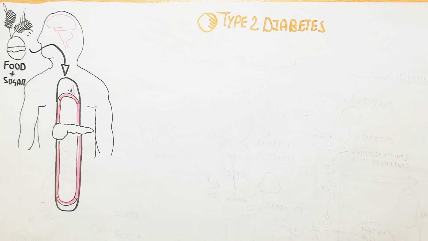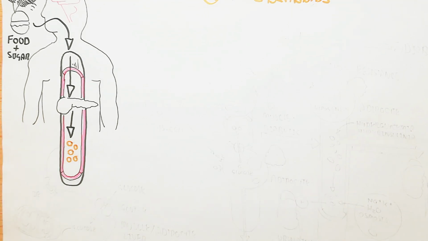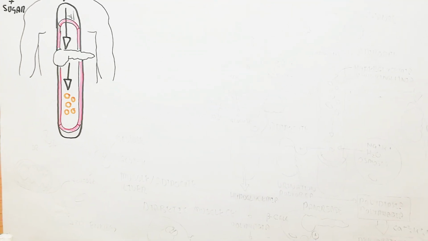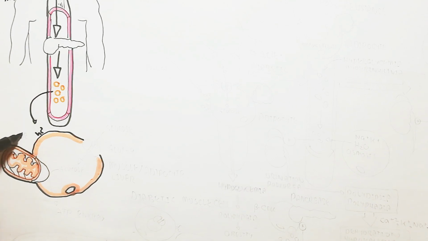So, when food and sugar-containing food go into digestion, they are absorbed into the blood and the glucose rises, which triggers the beta cells of the pancreas to release insulin.